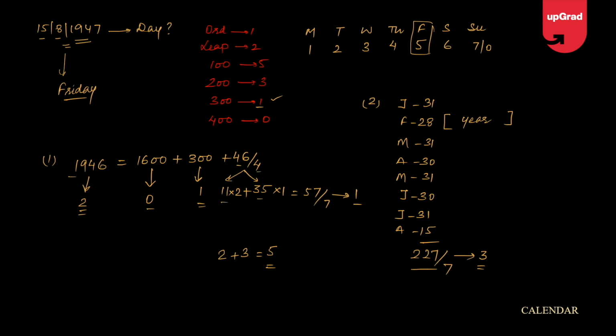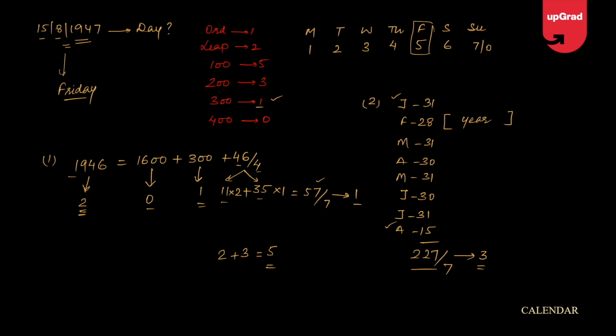Every leap year has 2, every ordinary year has 1. Therefore, 11 multiplied by 2 and 35 multiplied by 1 gives me 57. 57 odd days is not possible because it is greater than 7. So I divided by 7 to get 1 odd day. 1 from 46, 1 from 300, 0 from 1600. Therefore, 2 odd days in 1946 years. Now let's come to the current year. I have to go from January to 15th of August.